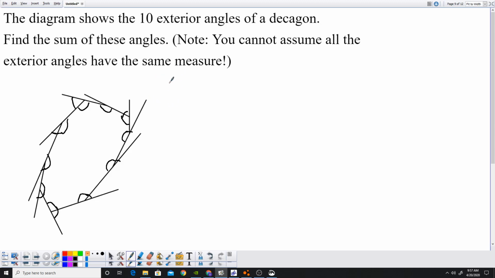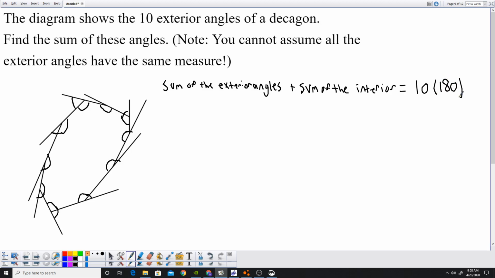And I can express it in the following way, that the sum of the exterior angles plus the sum of the interior, well, we know each pair of exterior plus interior is 180, and we have 10 pairs, so that would be 10 times 180, which is 1800 degrees.